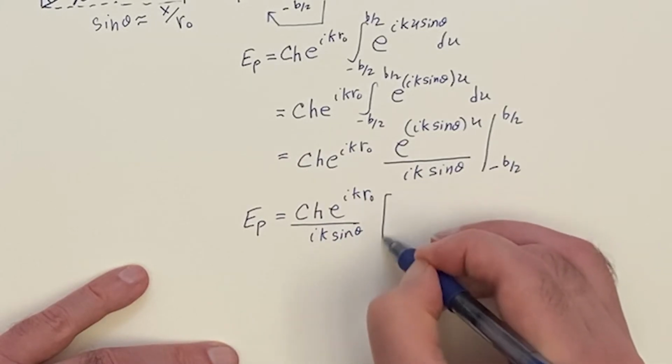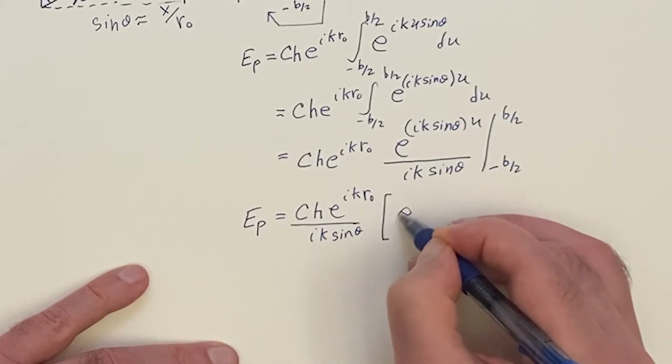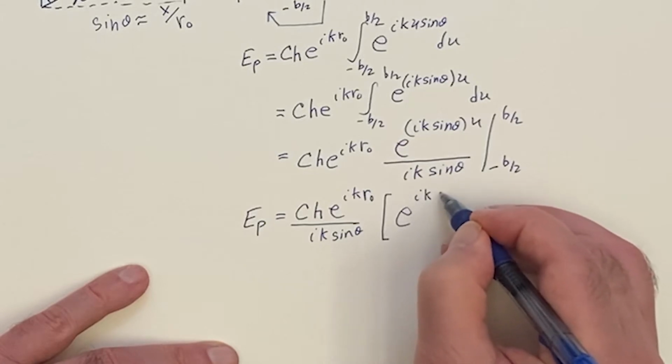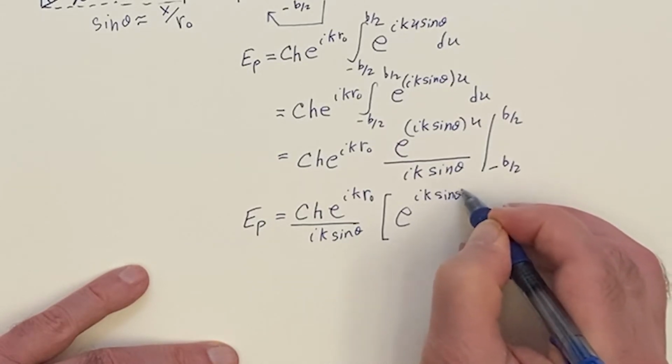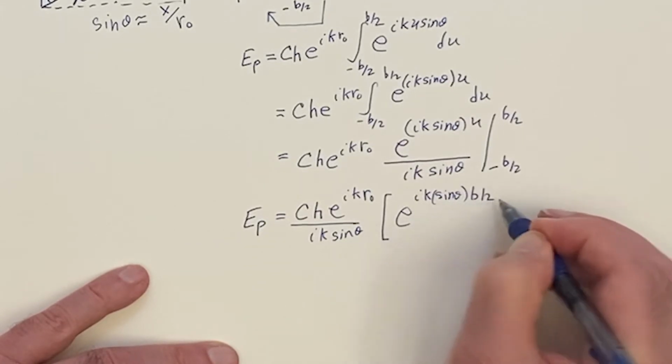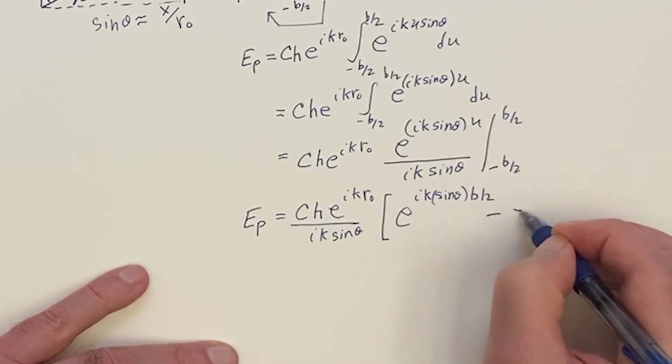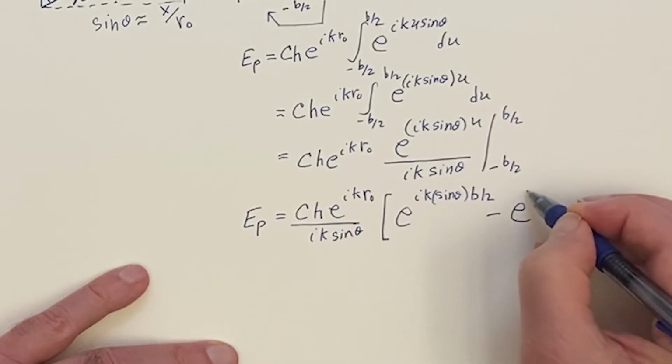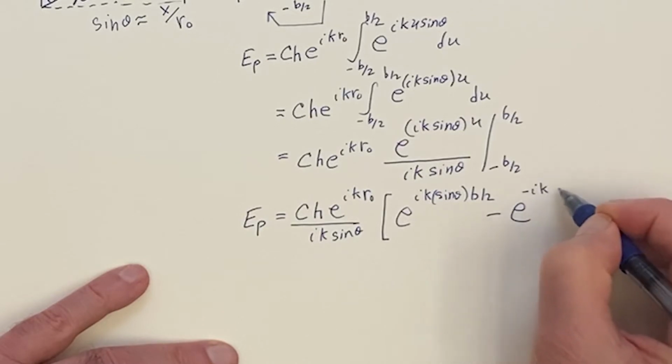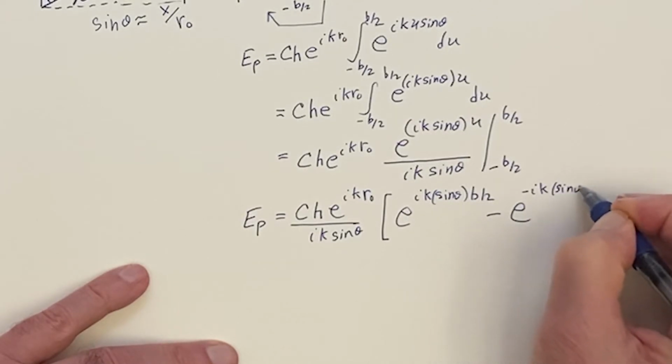And now comes the fun part where we put in b over 2 for the u, and then we subtract and put in minus b over 2. So this would be minus i k sine theta b over 2.